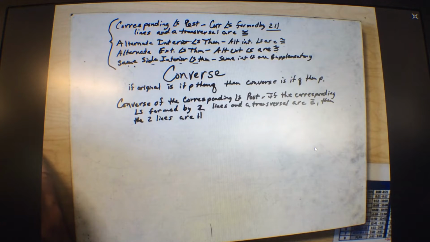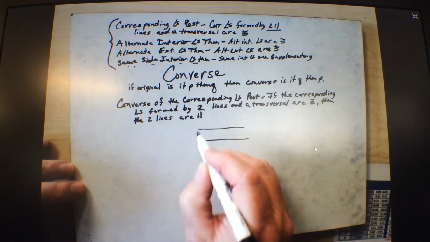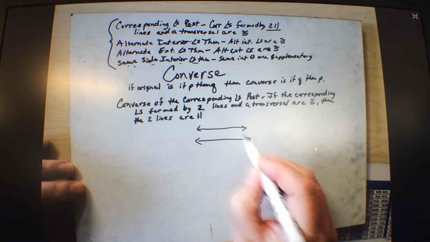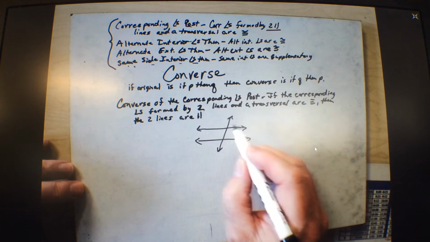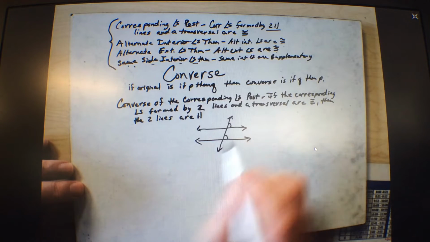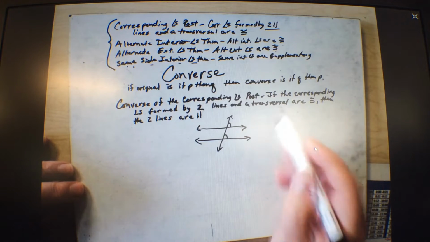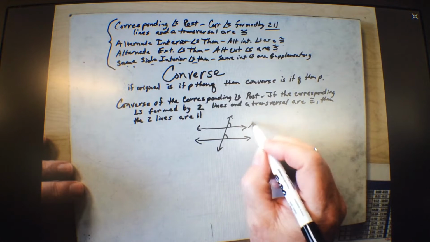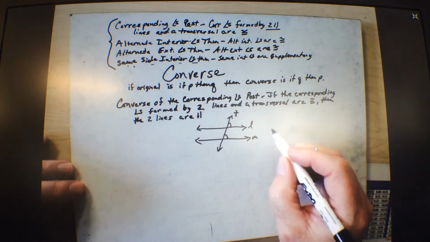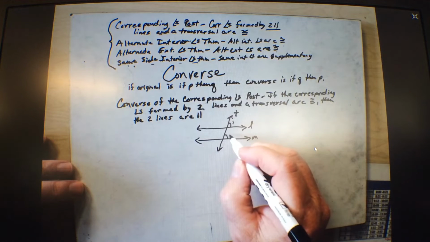And this is not the corresponding angles postulate. I do not know how I can stress that to you. It is not the corresponding angles postulate. It is the converse of the corresponding angles postulate. All right? And this is how it says. If you have two lines and a transversal, and you know that this angle is congruent to this angle, then, we'll call this line L, this one M, and this T, and we'll call this angle 1 and this 2.